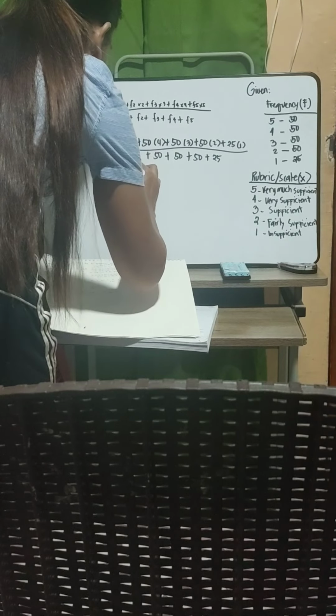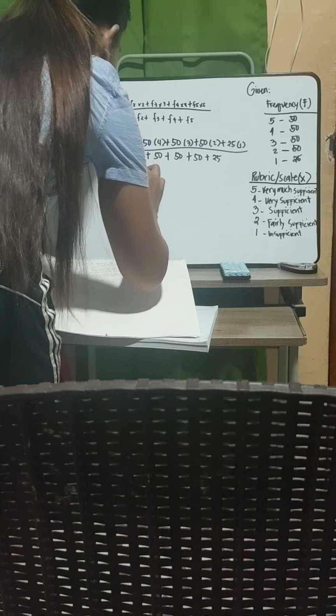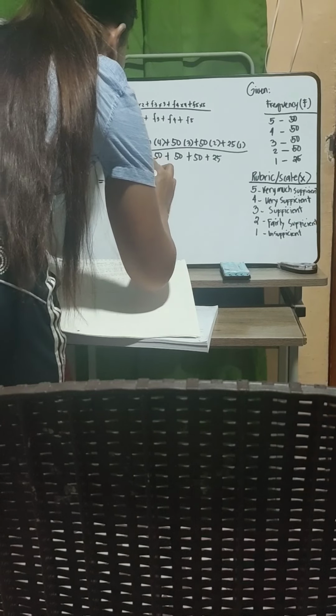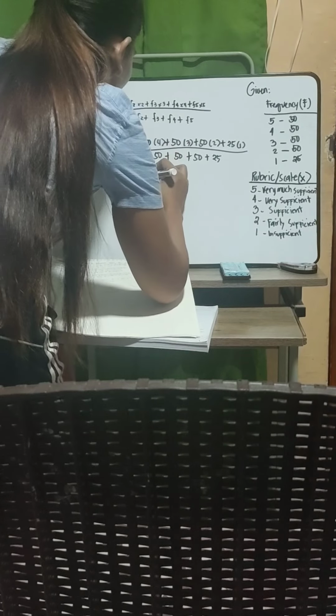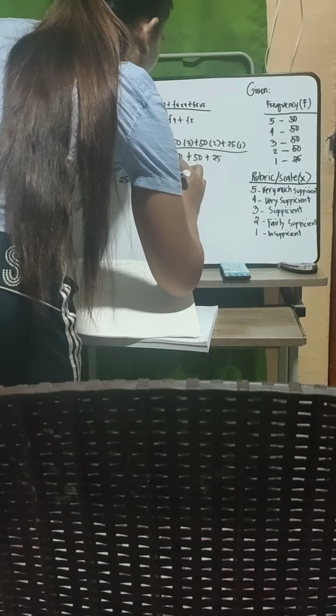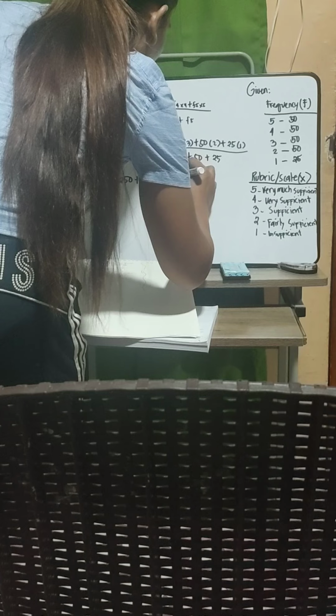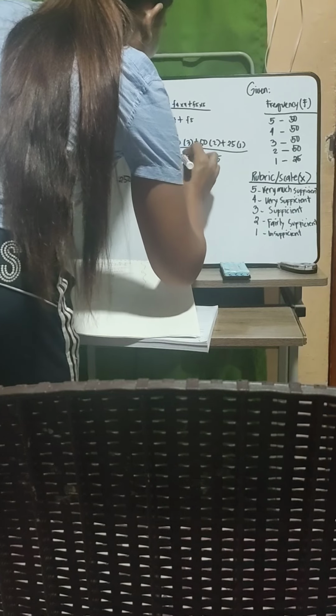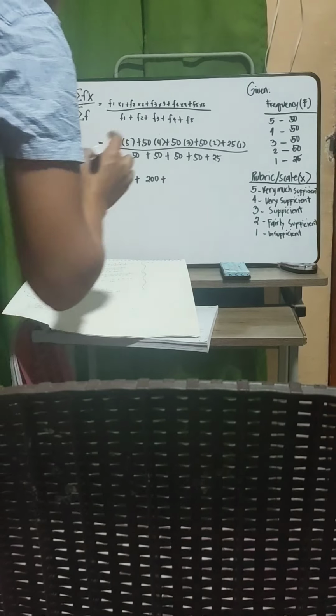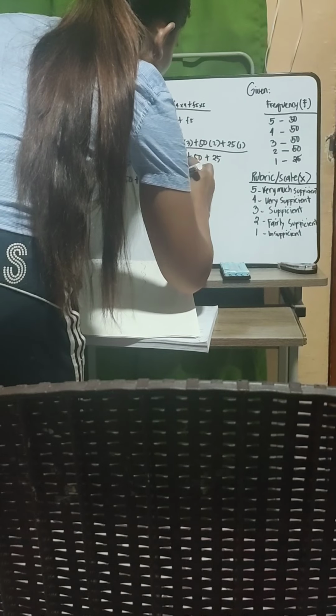So 50 multiplied by 5, we have 250. And then 50 multiplied by 4, we have 200. And then 50 multiplied by 3, we have 150.